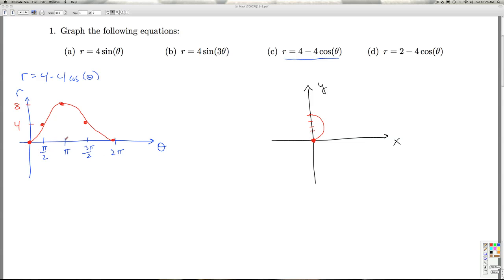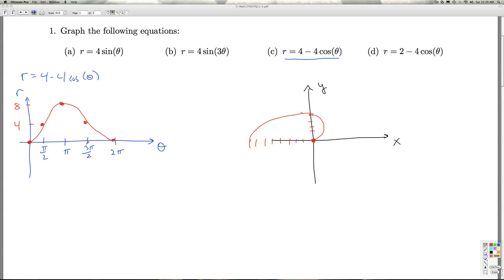From pi over 2 to pi, the r is still increasing from 4 out to 8. So between pi over 2 and pi, it's still getting farther away, to 8.